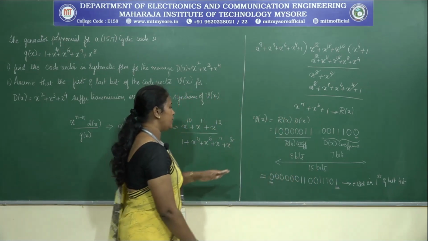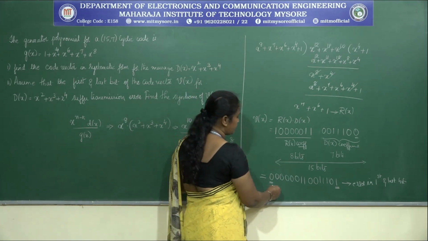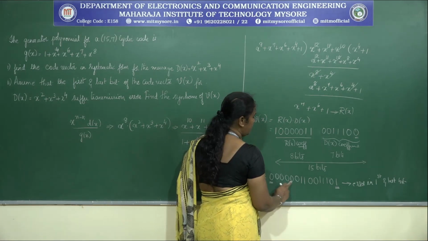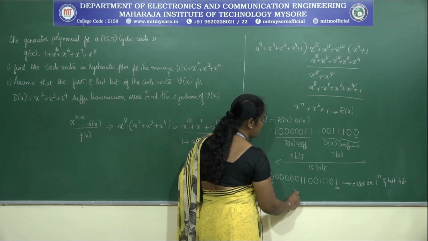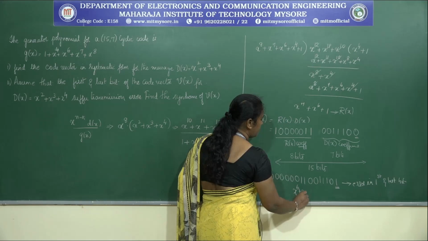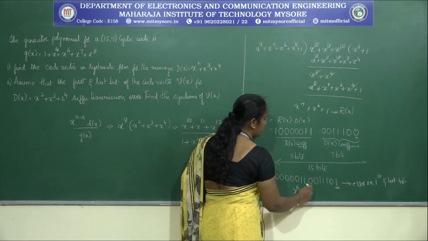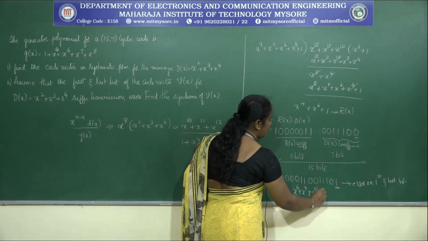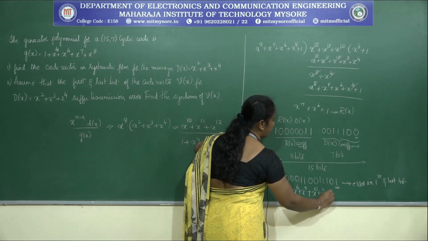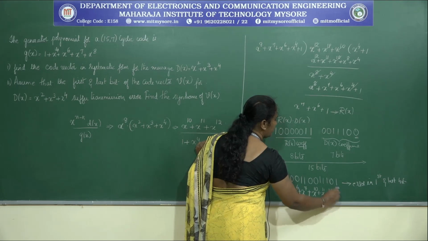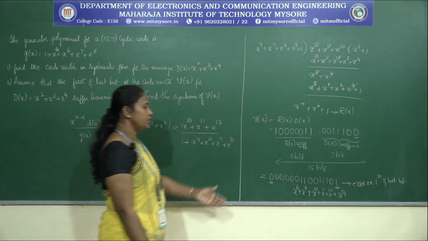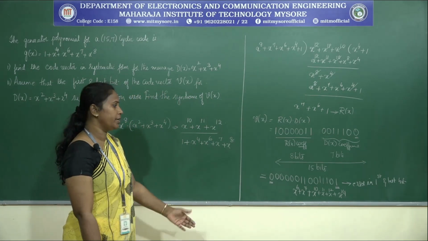Now if we consider this, what will be your expression? So this will be 1, x square, 3, 4, 5, 6, that means x power 6 plus x power 7 plus 8, 9, 10, 11, 12, 13, 14. So this is the expression that you are going to get.